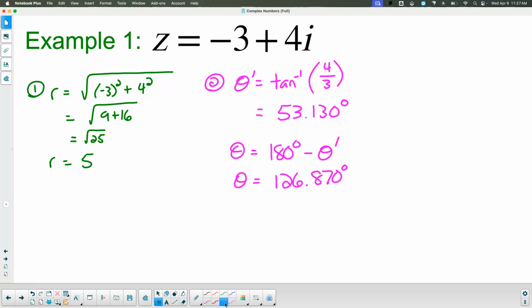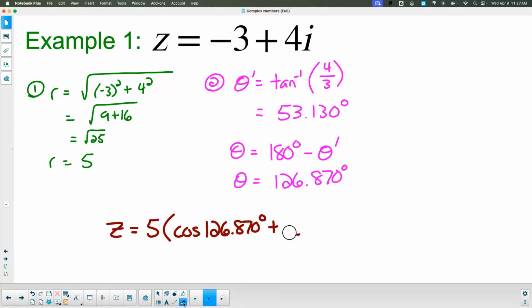Okay? So the trig form of this complex number z then would be 5 times the cosine of 126.870 degrees plus i sine of 126.870 degrees.